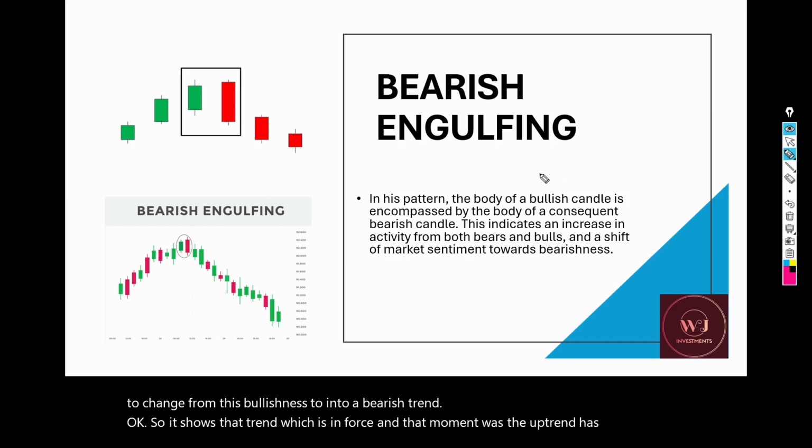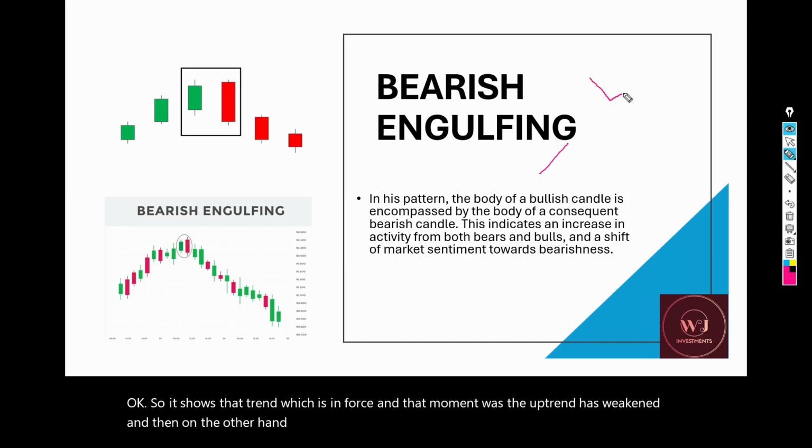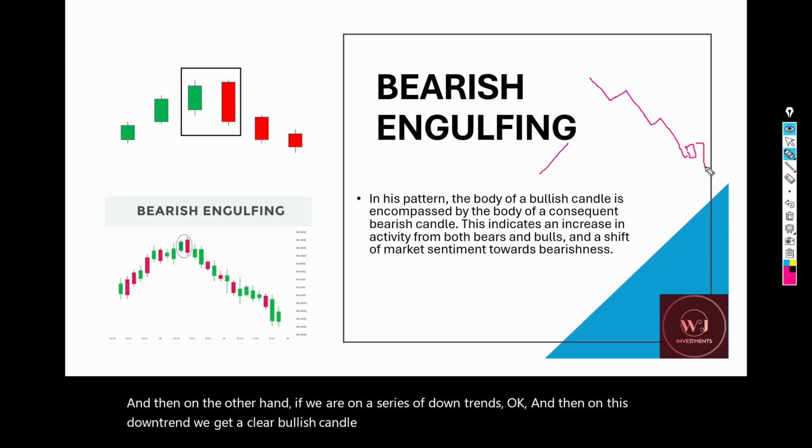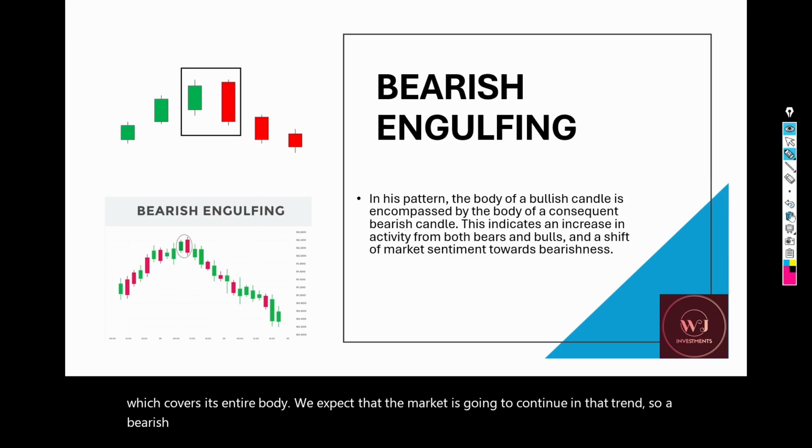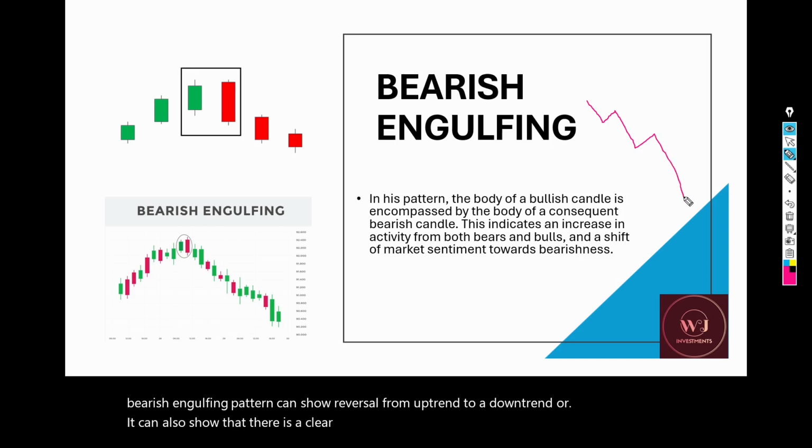And then on the other hand, if we are on a series of downtrends, okay, and then on this downtrend we get a clear bullish candle, but again the following candle is a bearish candle which covers its entire body, we expect that the market is going to continue in that trend. So a bearish engulfing pattern can show reversal from an uptrend to a downtrend, or it can also show a clear continuation within this downtrend.